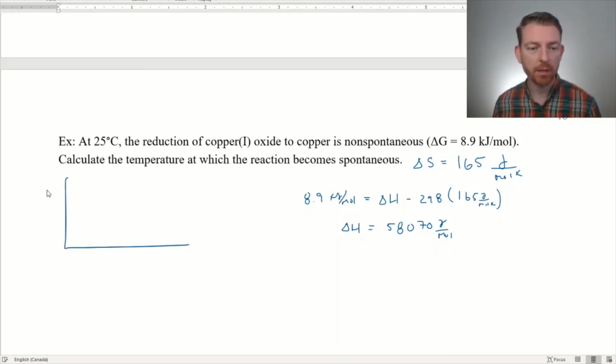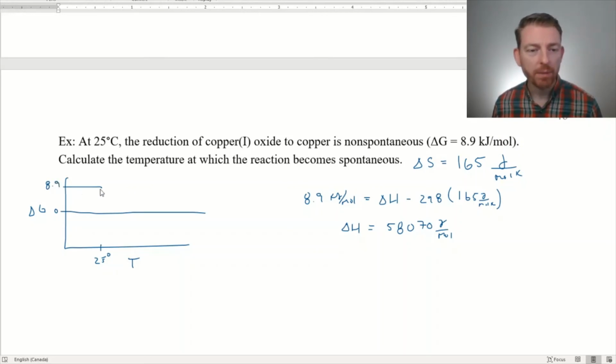So if we're looking at this as a chart, and this is delta G at 0, and we want to say, okay, below 0 or above 0, and this is going to be temperature on our chart. Here at 25 degrees Celsius, it is at 8.9 kilojoules, right?